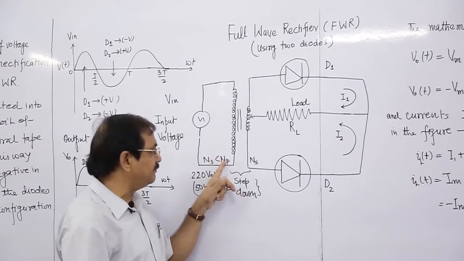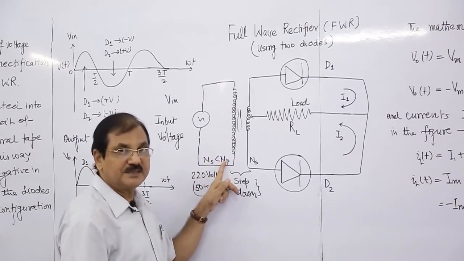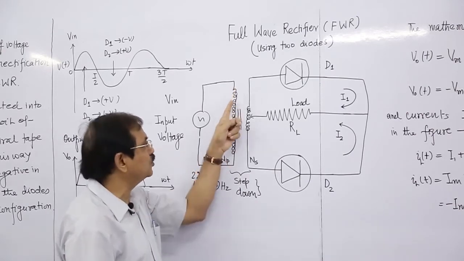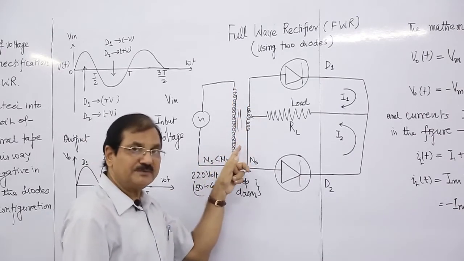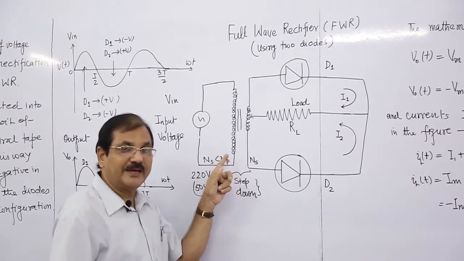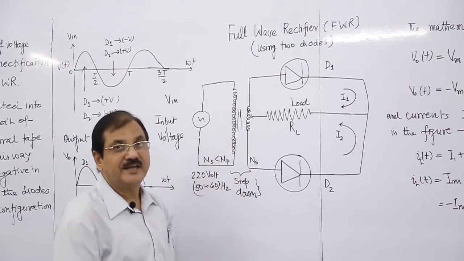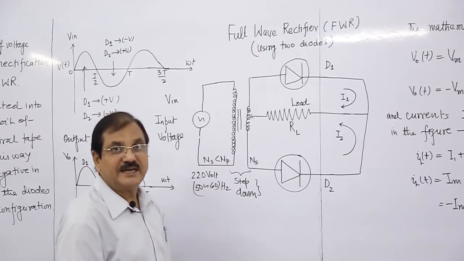Mathematically we say NP, the number of turns in the primary, must be greater than NS, the number of turns in the secondary, and we have shown that here. Most books do not care about this diagram, how many turns are in the primary and how many turns are in the secondary.